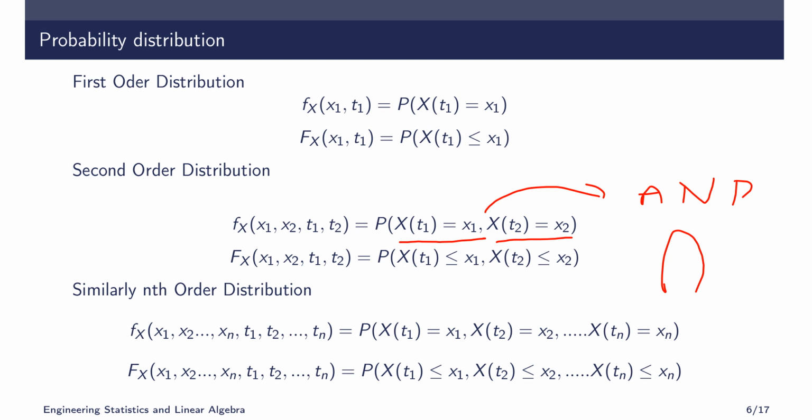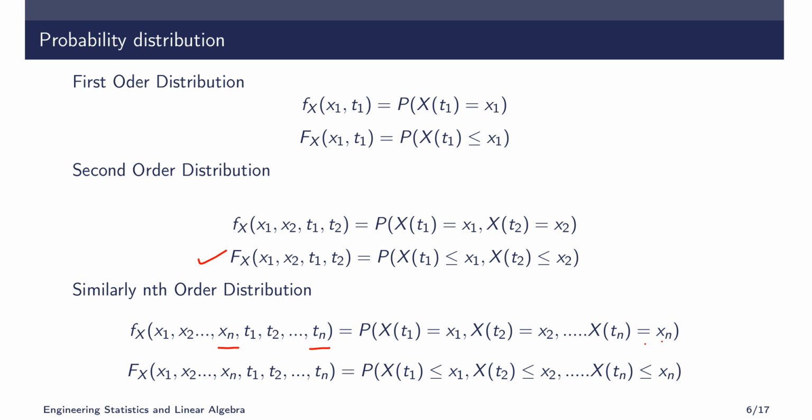If both are happening, then it is called a second order distribution. So similarly we can explain capital Fx of x1, x2, t1, t2 also. Now for nth order distribution, just extend this up to n, and t also up to n. It is the probability of x of t1 equal to x1, x of t2 equal to x2, etc., x of tn equal to xn, and for the capital F, x of t1 less than x1, x of t2 less than x2, etc., x of tn less than xn.